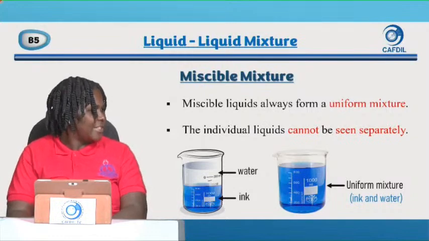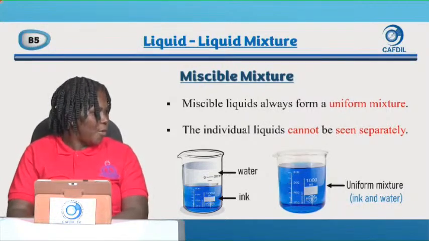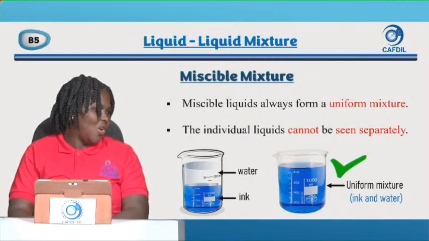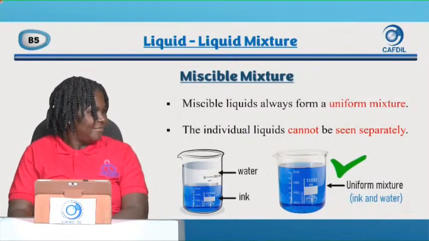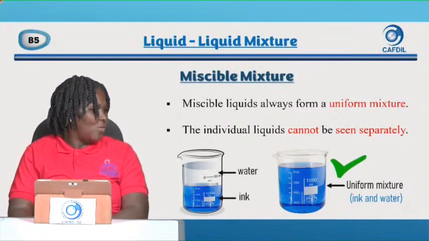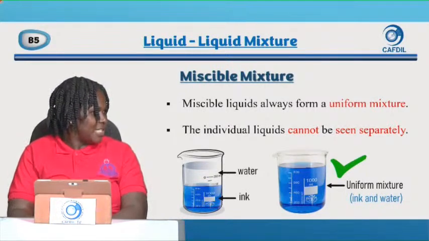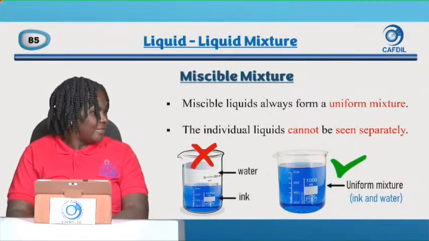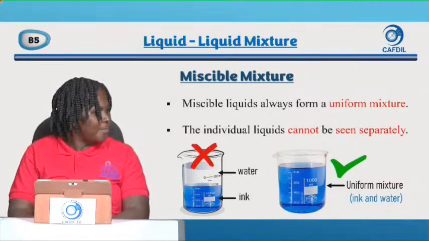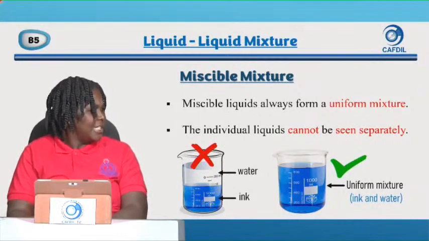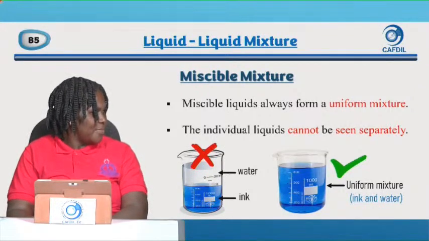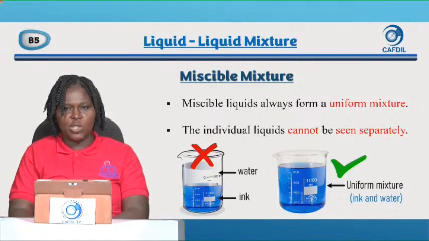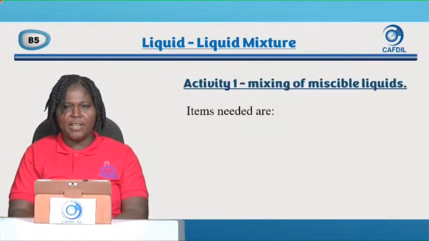When you stir, they form a uniform mixture, as we can see on our screen. So ink and water is a miscible mixture. When they don't form a uniform mixture, it is not a miscible mixture.